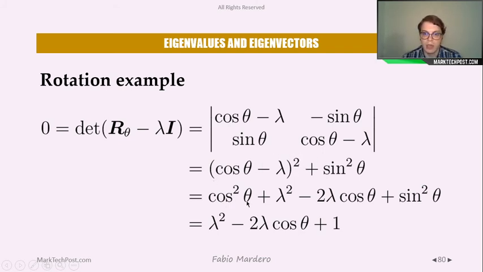Cosine of theta squared plus sine of theta squared is equal to 1. Here we get the characteristic polynomial, which can be written in this way: lambda squared minus 2 lambda cosine of theta plus 1. To determine the eigenvalues, we have to impose the characteristic polynomial equal to 0.